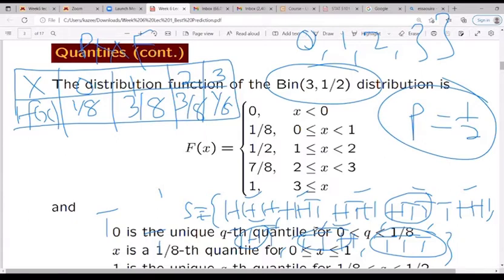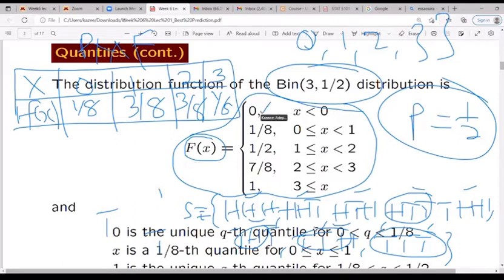If I want to write that out, take a look at the lowest value of X here, which is 0. We don't want a situation where X is negative. And that is the reason when you want to figure out the CDF, an uppercase F of X, it will be equal to 0 for X less than 0.